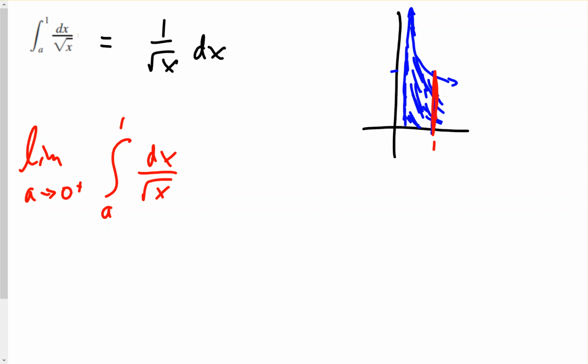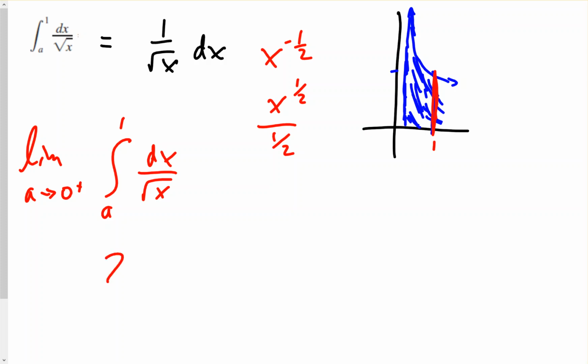Okay, so let's integrate this function then. So again, looking back at our function 1 over square root of x, this is the same as x to the negative 1/2. When we integrate that, that would be x to the 1/2 divided by 1/2. Divided by 1/2 is the same as multiplying by 2.